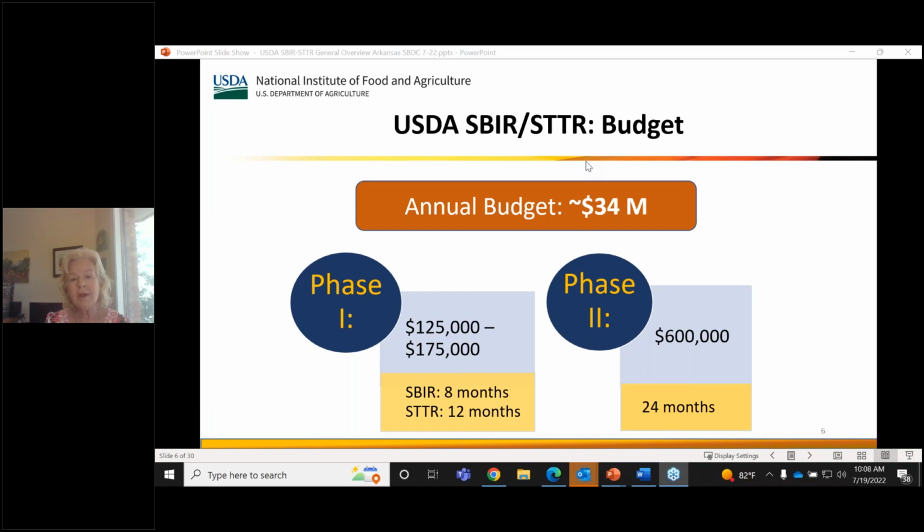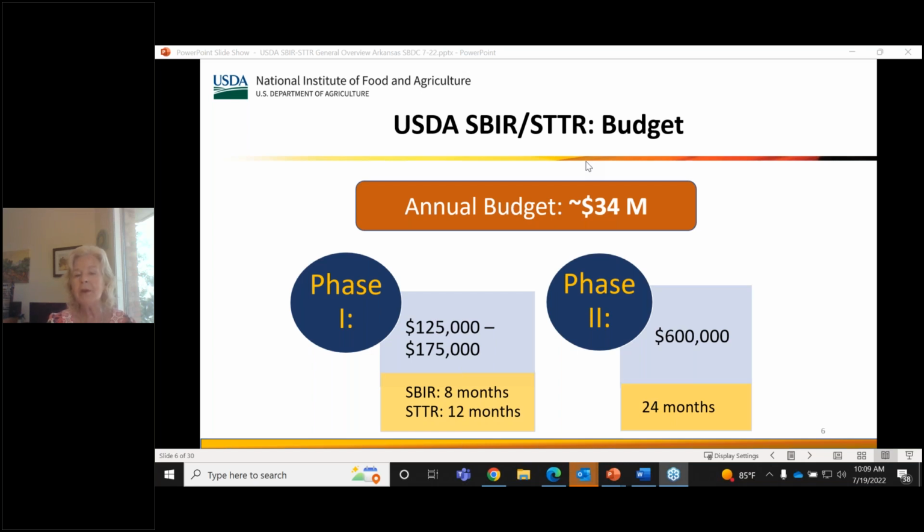For phase 1, the topic areas, just let me back up really quickly. The topic areas for SBIR and STTR will be the same, so it'll be very consistent. And the award amounts range from $125,000 to $175,000.